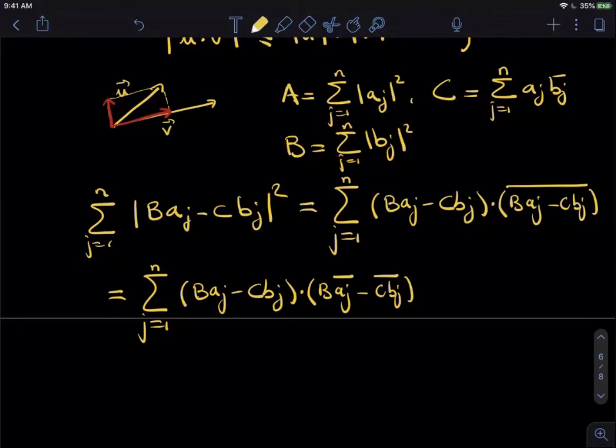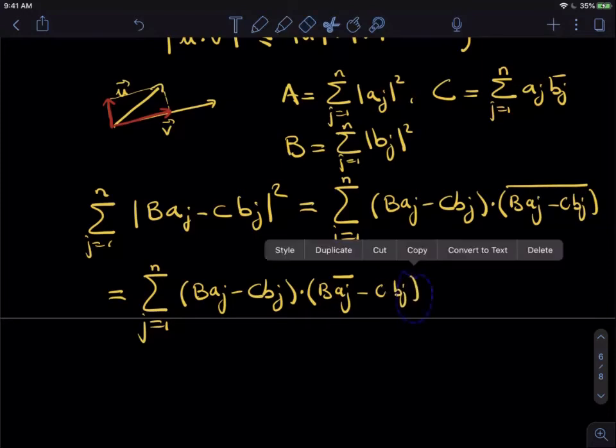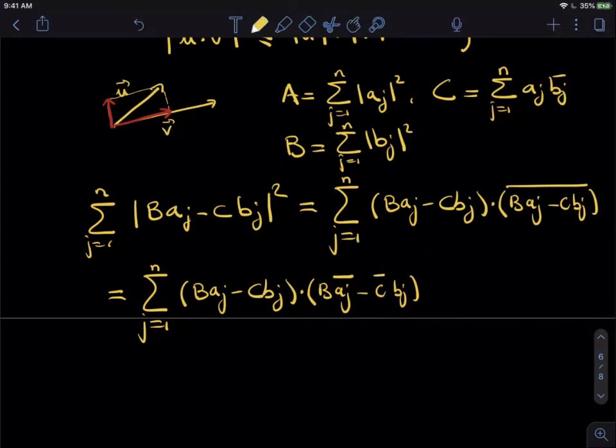But when we look at C, it is a complex number because this is a product of two complex numbers, then they are added together, so the result is complex. There is no absolute value involved in the definition of C. So in this case, we can still break up the conjugation, but we need to keep C and Bj both conjugate. All right.